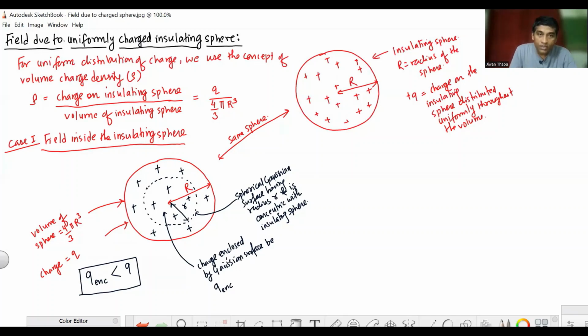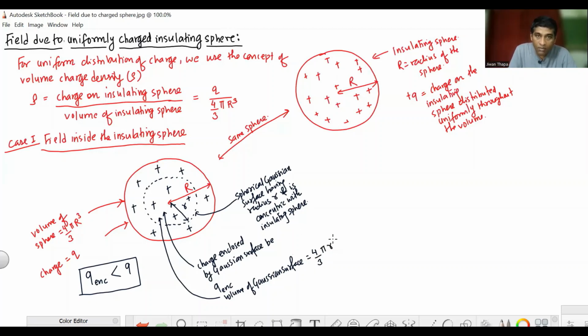And the volume of the Gaussian surface equals 4/3 pi r power 3, where small r is the radius.